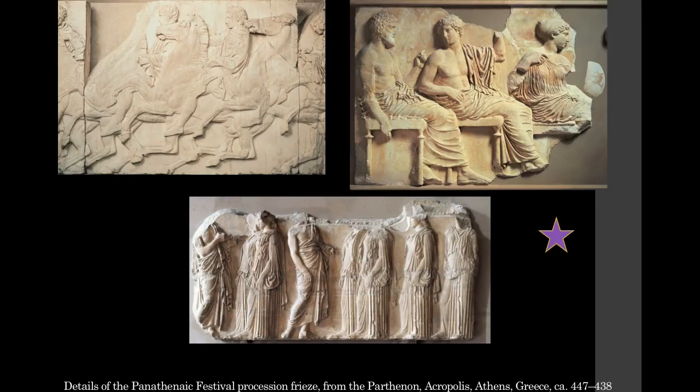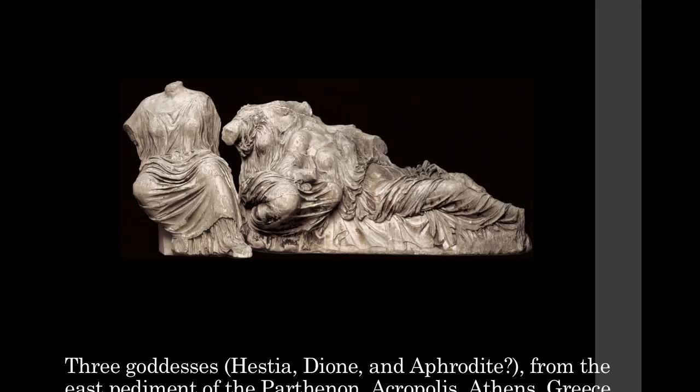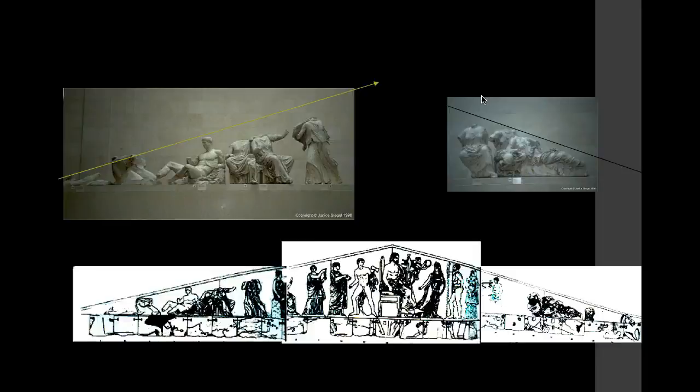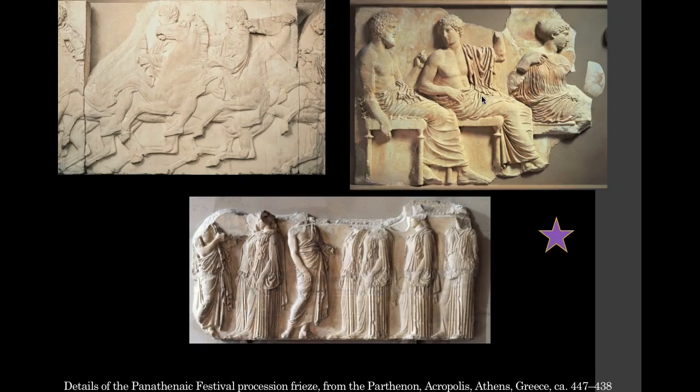All right, now we're going to move to the frieze of the Parthenon. So details of the Panathenaic festival procession frieze from the Parthenon is what we're going to look at. Again, the frieze went around the whole building, and what you're looking at are different sections of it.